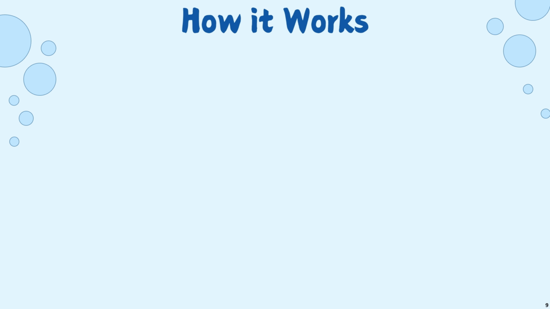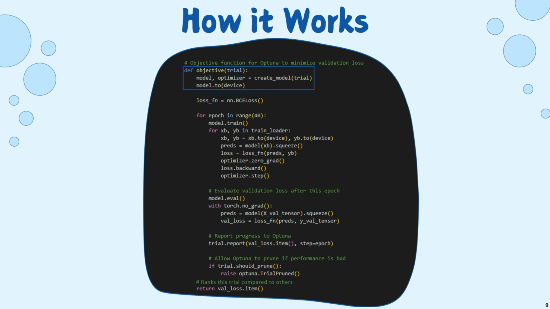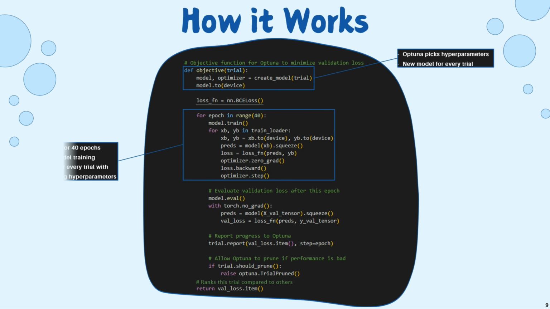How Optuna works. Optuna is going to choose hyperparameters, building a new model for every trial. Then we're going to define the loss function. In this case, it's binary cross-entropy. And we're going to train the model for 40 epochs. Now, we're going to use standard model training, except it's going to be done for every trial with changing hyperparameters.